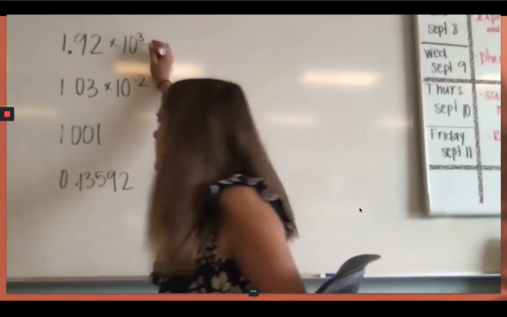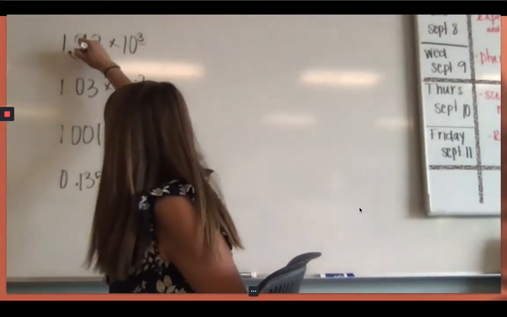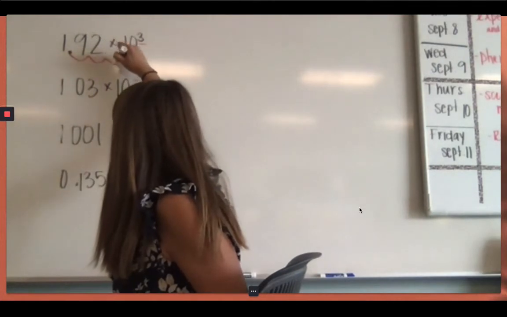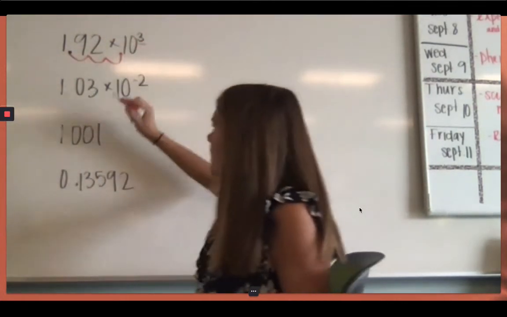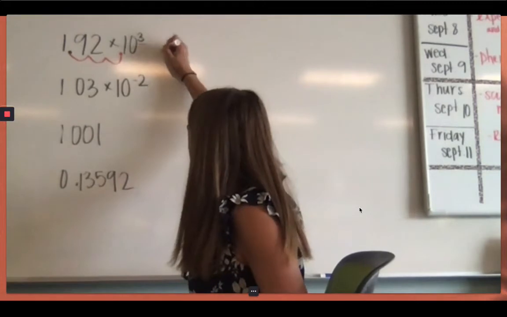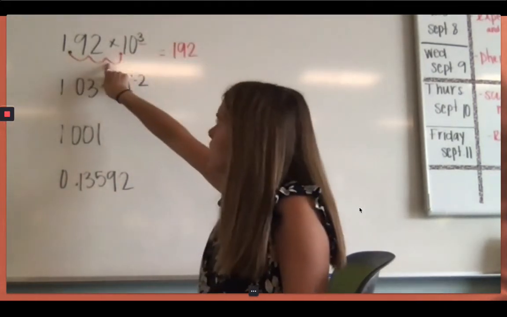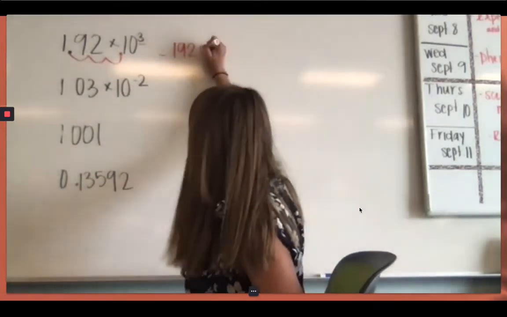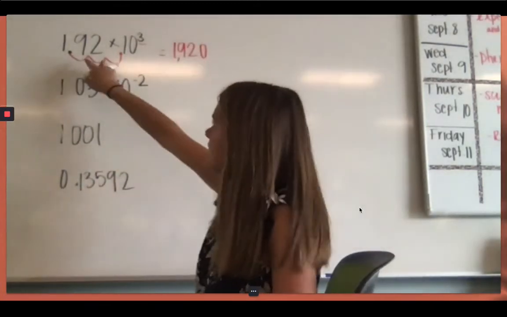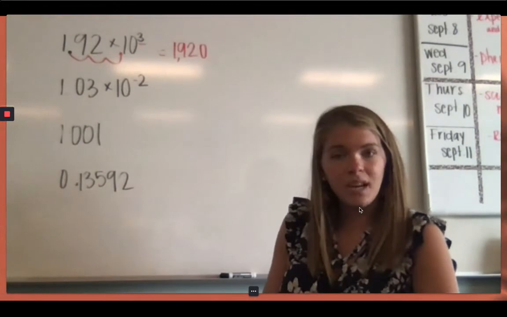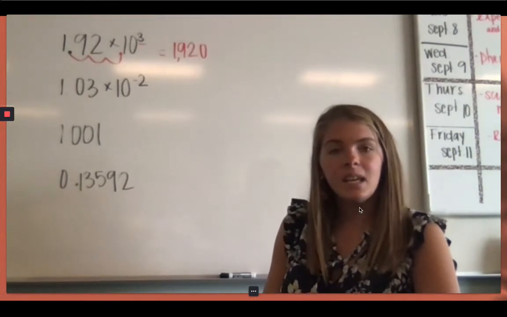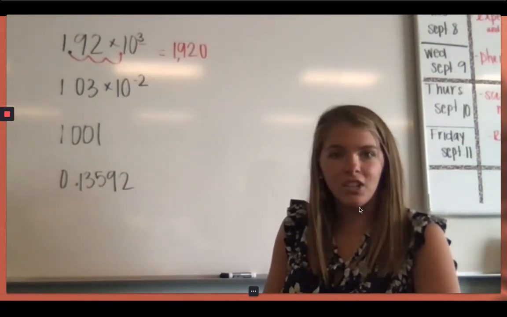So we're going to take our decimal and move it 3 times to the right. When we move it 3 times to the right, we get 192, and then we have one hump left, 0. So this number, 1.92 times 10 to the third, is the same as the number 1,920.